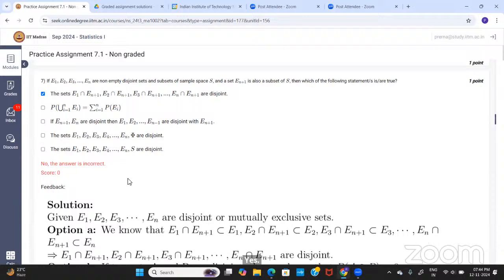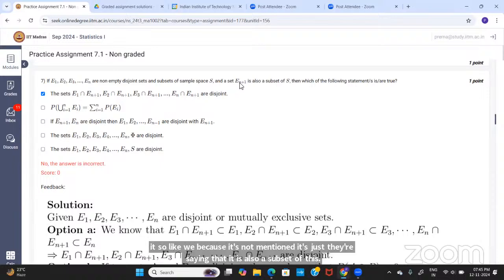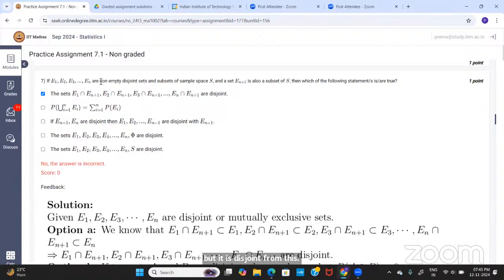Here, for En+1, we do not know if it is a disjoint set with respect to the other subsets, E2, E3 up to En. Because it's not mentioned, they're just saying that it is also a subset of S. It is not mentioned that it is disjoint from these, so we'll not say anything about it.